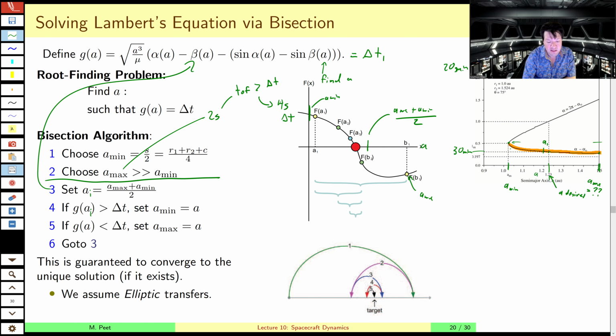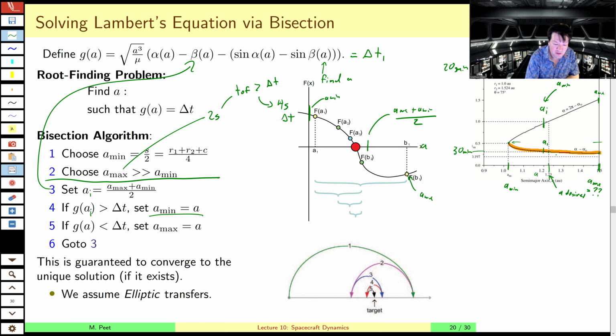So that means the correct value is somewhere between this point and your maximum value, A max. So in that case, you have a new minimum value of A, and it's the AI.